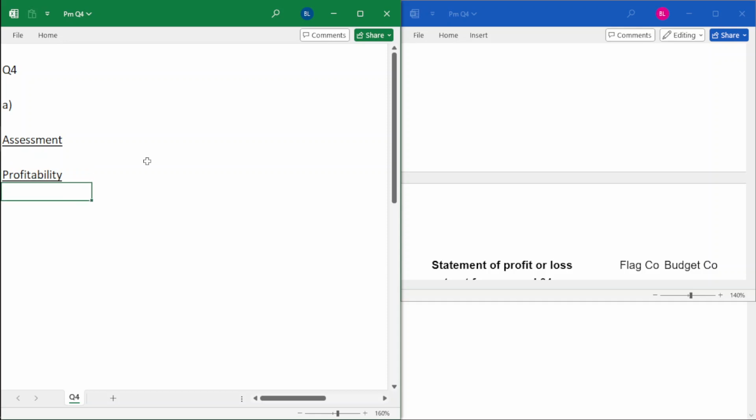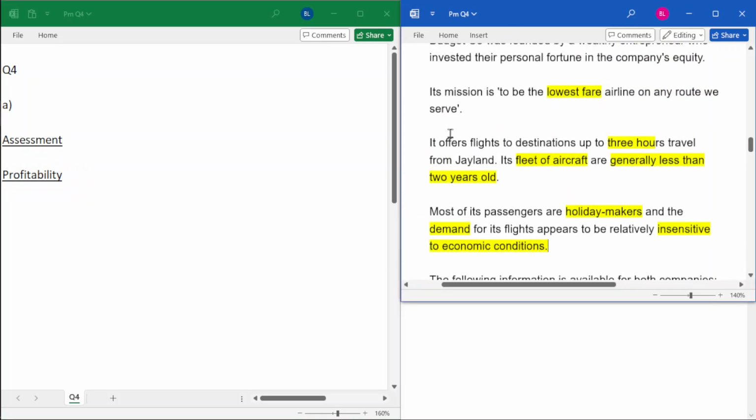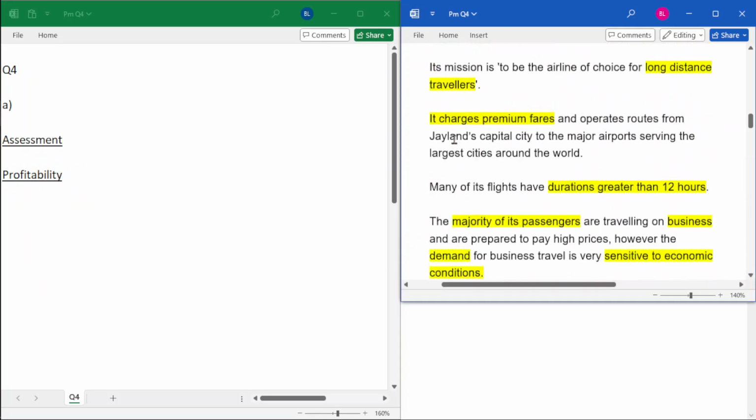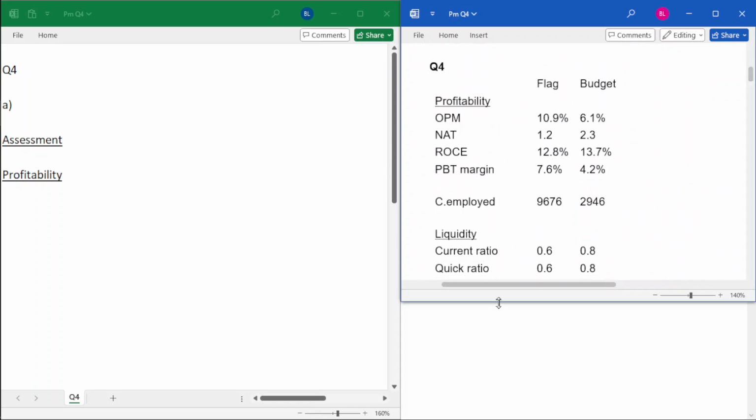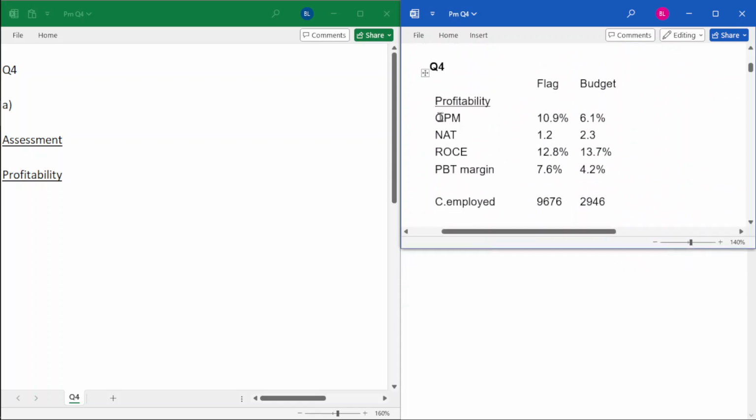So let's comment on the profitability first. ROCE is OPM times NAT. So we will talk about ROCE rather than PBT margin, because I think there is more to talk about.